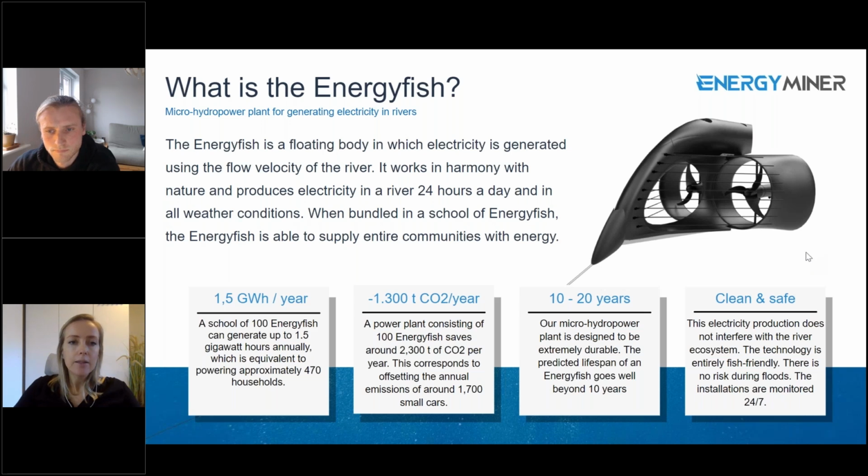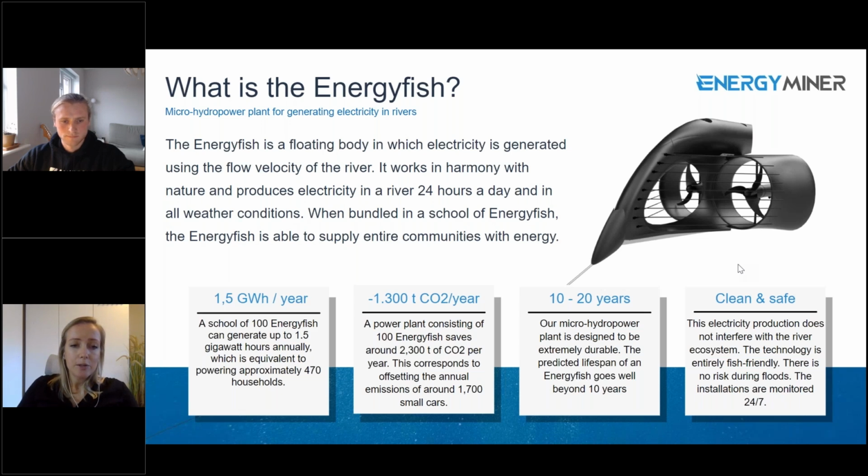Another important note is that we do not install just singular devices like you see on the screen. The point of this is to build a cumulative power plant, which is multiple Energyfish placed together in a river section, which then cumulatively produce quite a bit of energy and form their own power plant. These are called schools of Energyfish and can be up to 100 Energyfish, which allow us to generate 1.5 gigawatts of electricity annually.